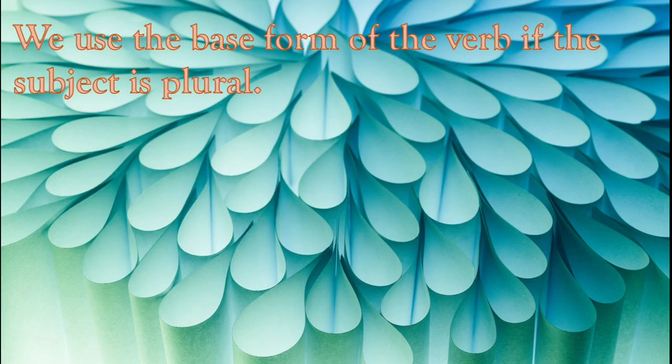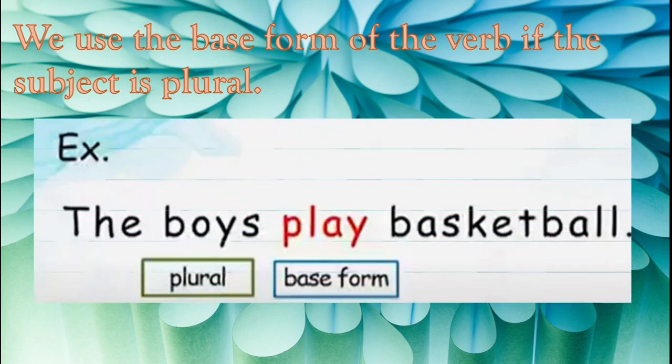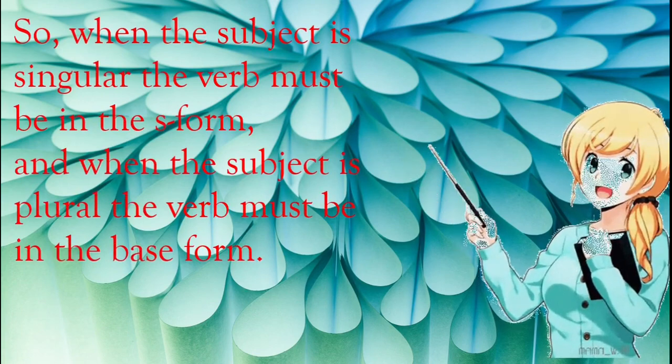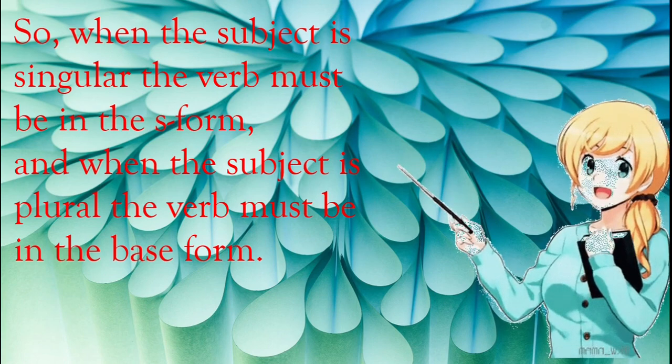We use the base form of the verb if the subject is plural. Like for example, the boys play basketball. So, when the subject is singular, the verb must be in the S form. And when the subject is plural, the verb must be in the base form.